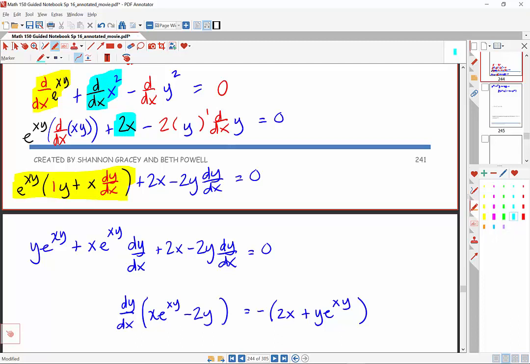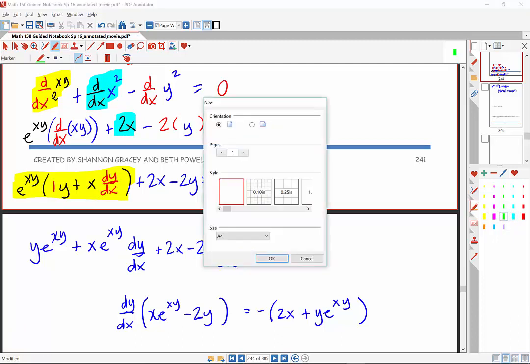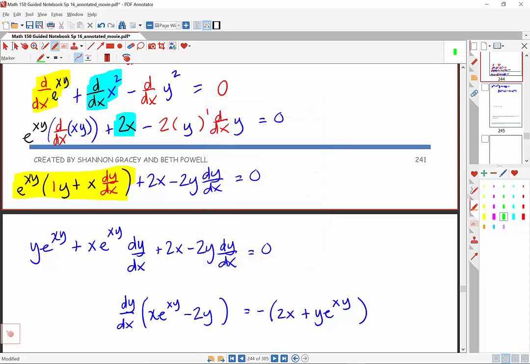And this one here was all of this. And then over here, the d dx of x times y was this portion of it.